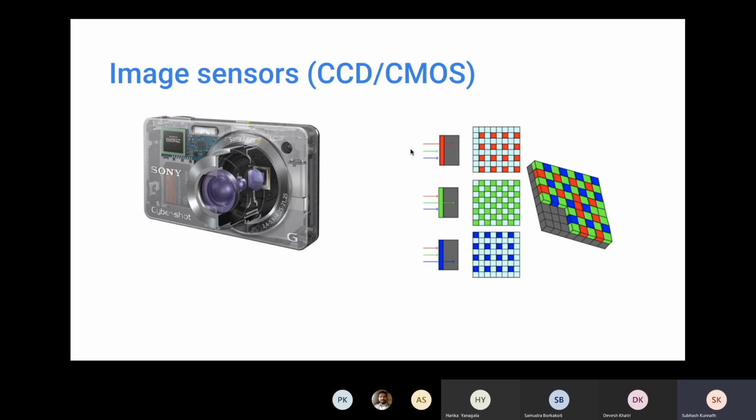The red one only lets red light pass, the green one only lets green pass, and the same for blue. Once the light hits the sensor part, either a CCD or a CMOS sensor, it creates some charge which is directly proportional to the intensity of the light that hit it. So basically it converts the light intensity to a corresponding amount of charge.